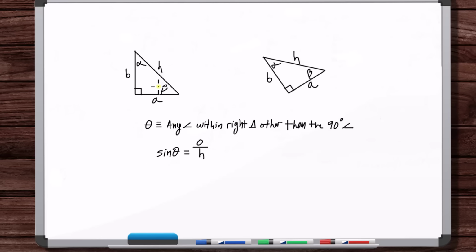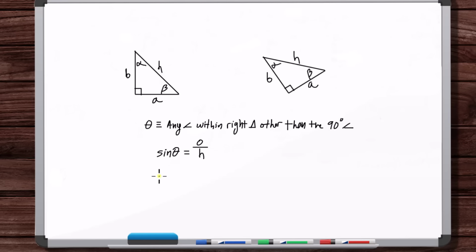So if we did the sine of beta, then we'd go opposite. That would be B divided by H. The side length B divided by the length of the hypotenuse. That's what the sine of beta means. If we did the sine of alpha, then that would mean that we go the side length opposite of alpha, which is the length A divided by the hypotenuse.